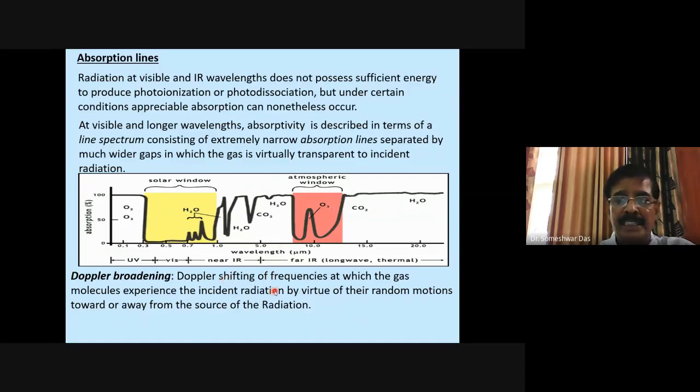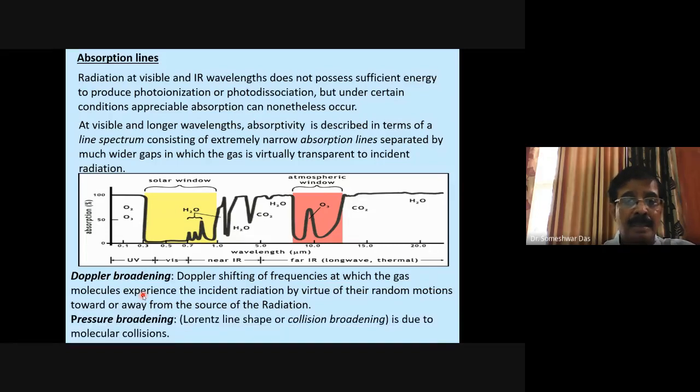The Doppler shifting of frequencies at which the gas molecules experience the incident radiation by virtue of their random motions, towards or away from the source of radiation, is called the Doppler broadening. You should remember this definition.